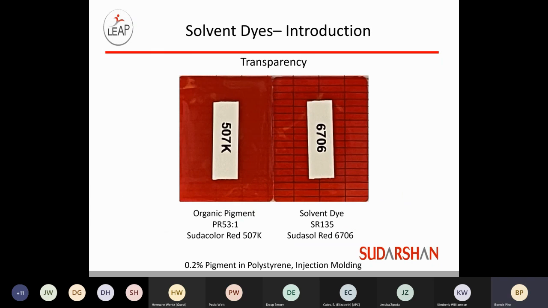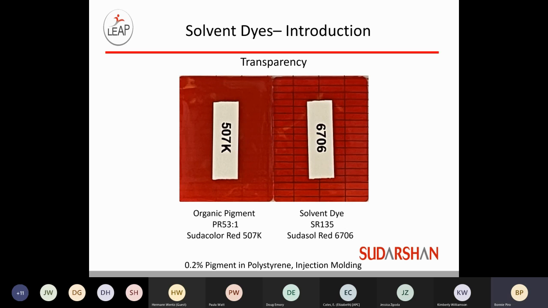So to continue the comparison, here on a little bit more of a practical aspect of it, I'm comparing in similar color spaces the transparency of a solvent dye versus a pigment. In this comparison, I'm comparing an organic pigment, a red 53-1, with the solvent red 135, which is on the right-hand side.